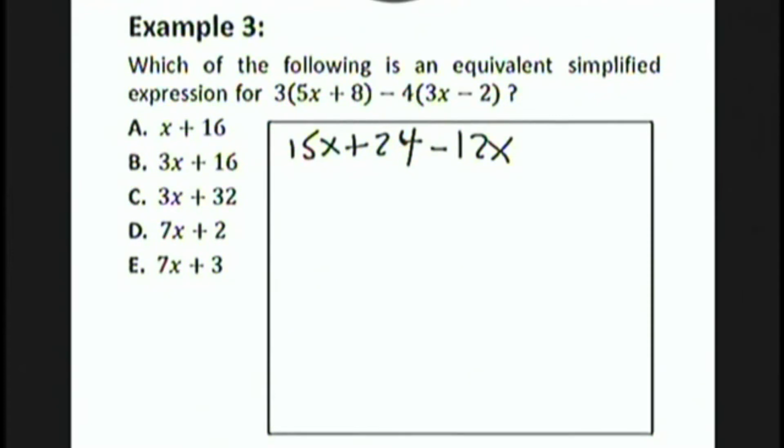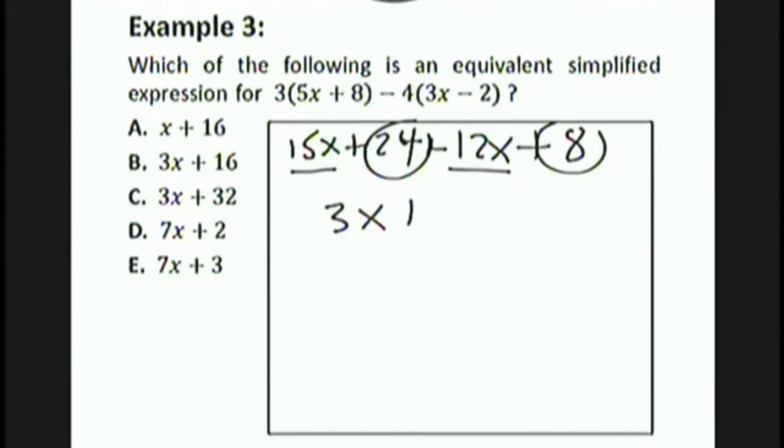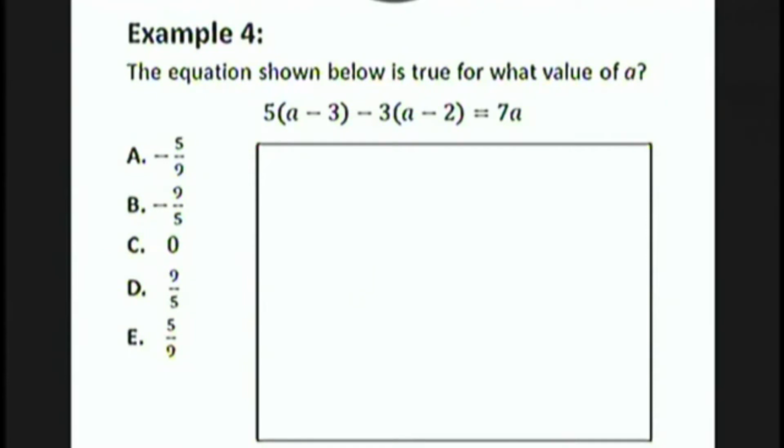And now be careful, negative 4 times negative 2 is positive 8. We now finish by combining like terms. 15x and negative 12x is 3x, and 24 and positive 8 is 32. That is choice C.